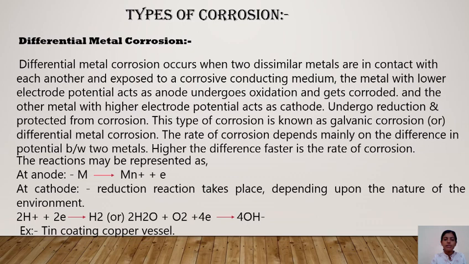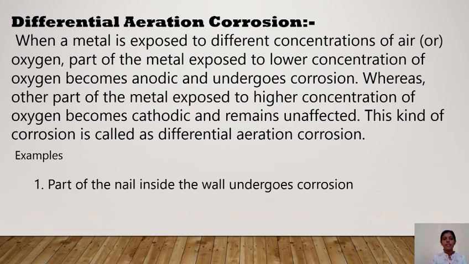The reaction may be represented as: at the anode, an oxidation reaction takes place; at the cathode, a reduction reaction takes place, depending upon the nature of the environment. Example, tin coated copper vessel. And another type of corrosion, differential aeration corrosion.